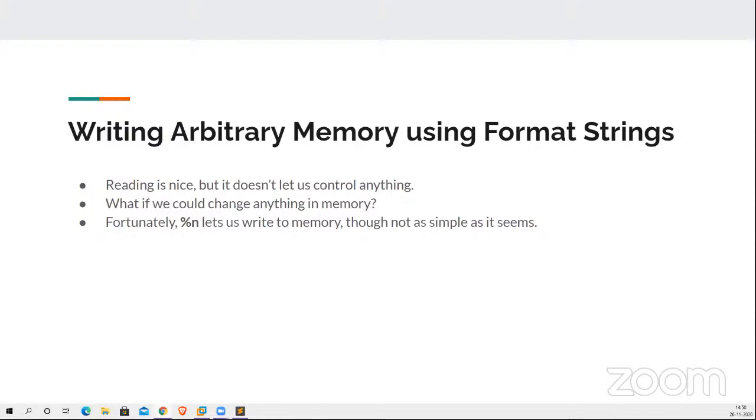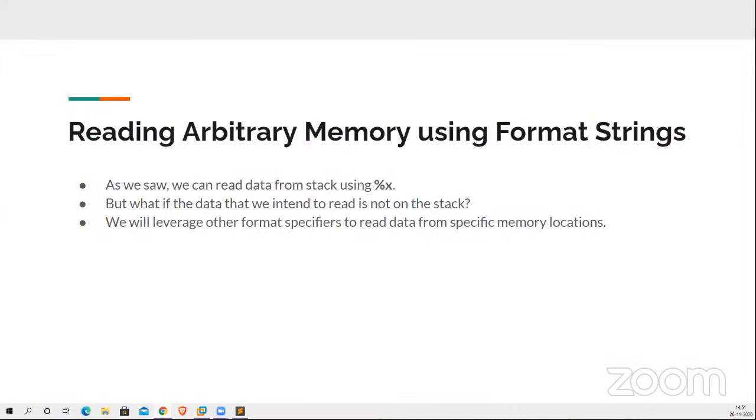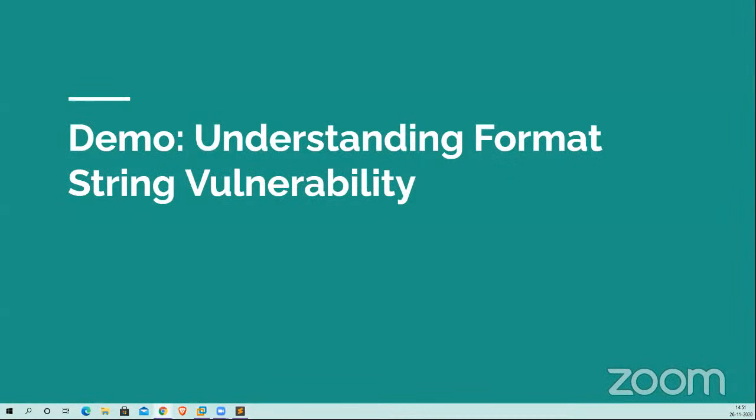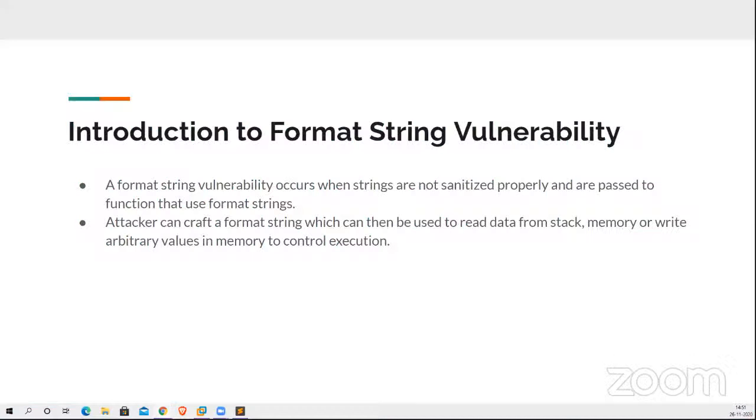which is why we are now learning how to write arbitrary values to arbitrary memory using format strings. Now, %n is the format specifier that helps us to write memory, but it is not as common as we think, or actually we do not use %n as much as we use other format specifiers.